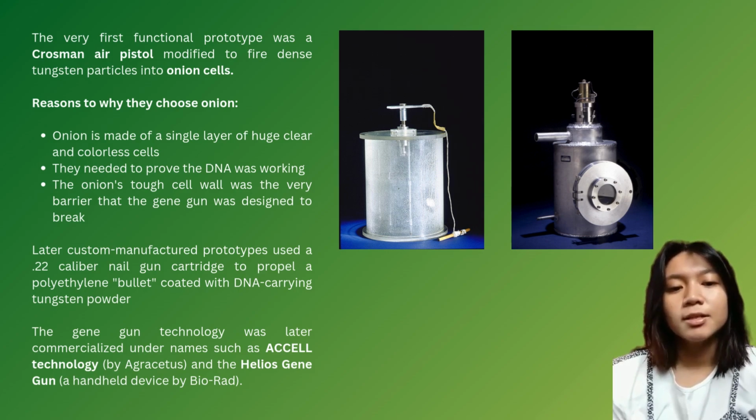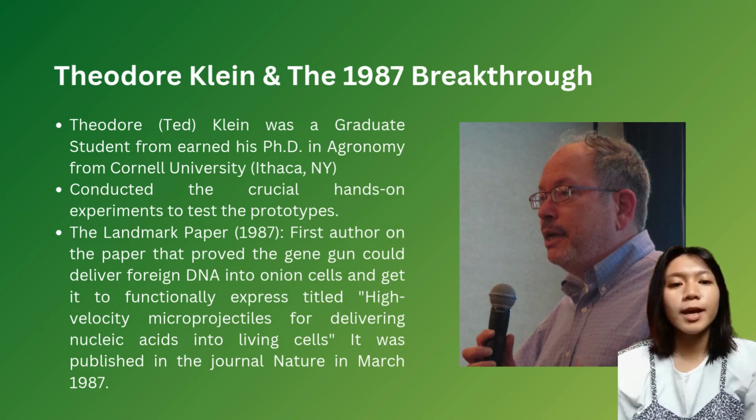So later on, more advanced versions used a caliber nail gun cartridge to propel DNA-coated particles. One of the key contributors to proving the gene gun's effectiveness was Theodore Glenn, a graduate student at Cornell University.